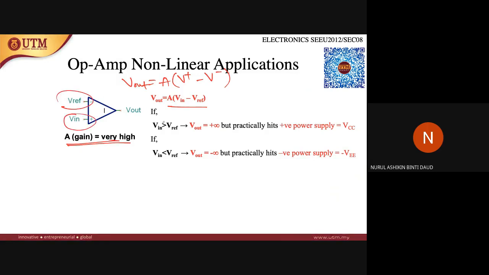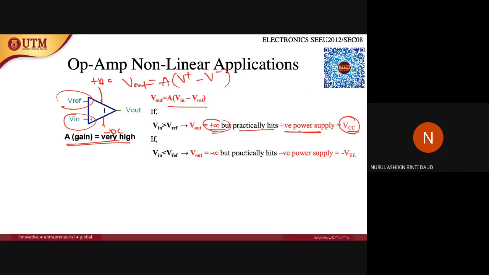If V in is bigger than V reference, with the input at the non-inverting terminal, V out will be positive infinity, but practically it is limited by the positive DC power supply, which is usually VCC.